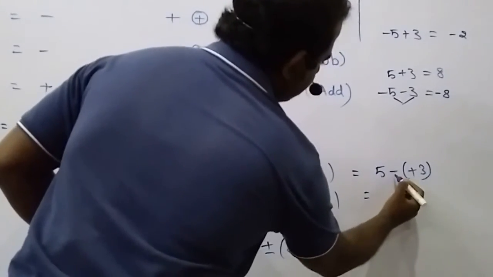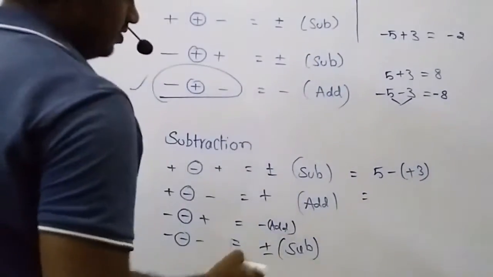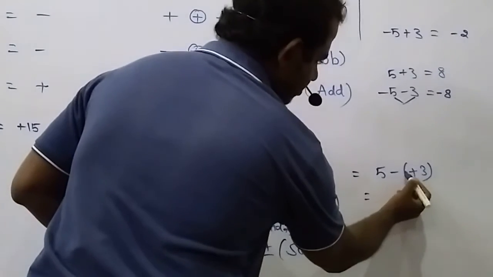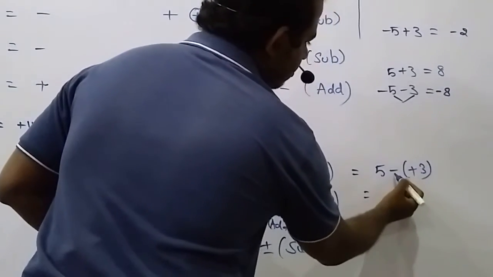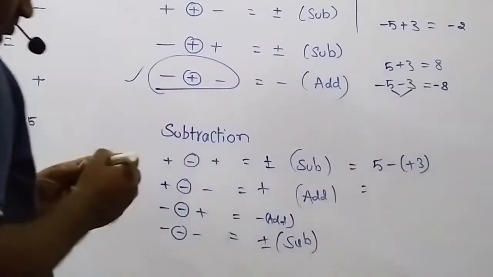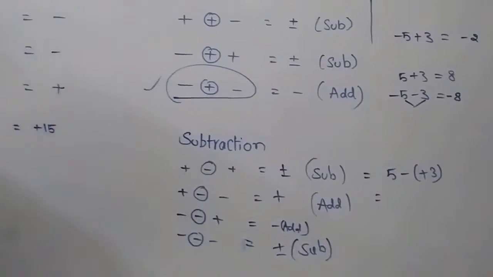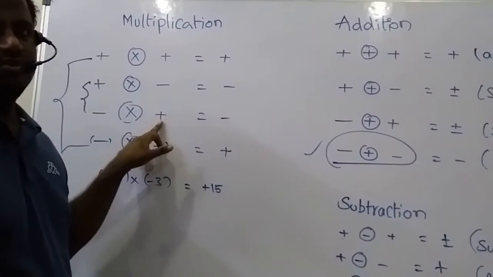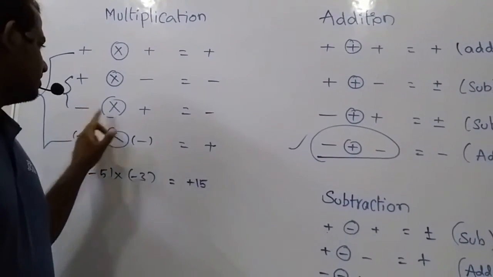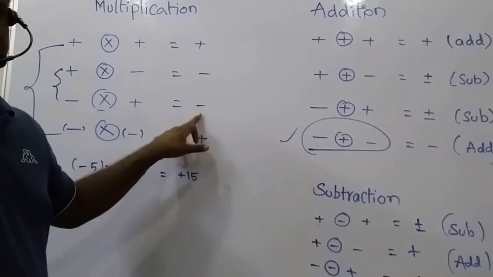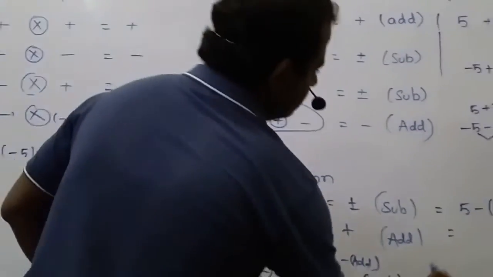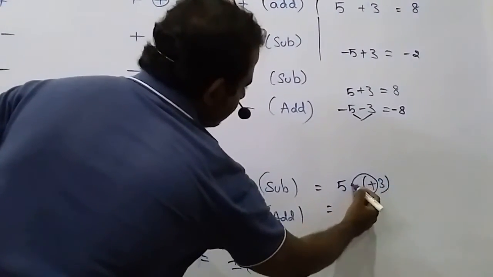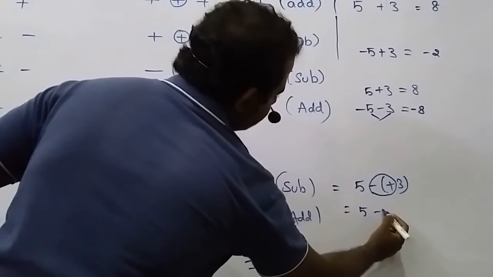So what you have to do is multiply the signs. If two signs are there with no number in between the signs, then you multiply the signs. Minus into plus: if you multiply minus with plus, we will get minus.